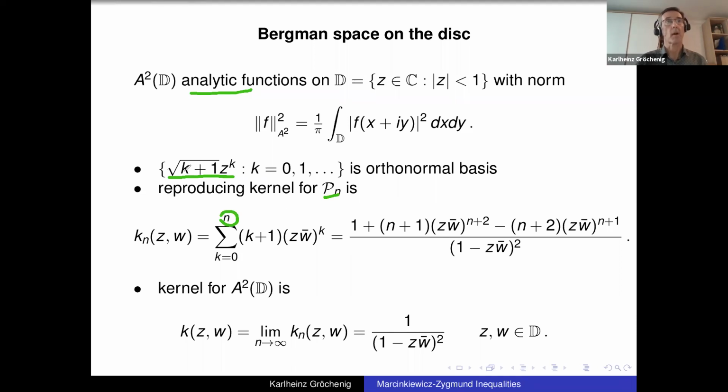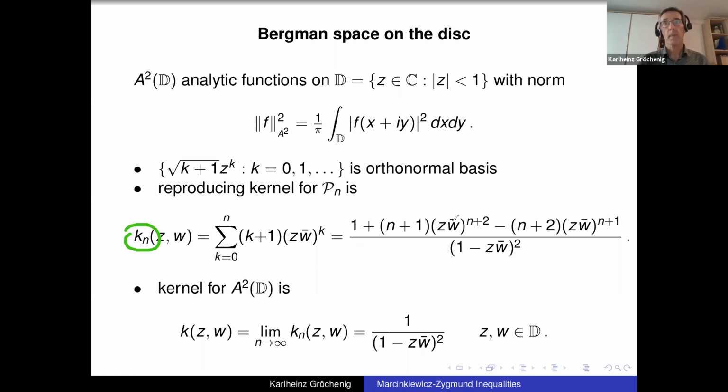So we have square root k plus 1 z to the k times square root k plus 1 w bar to the k. So here you get the formula for the reproducing kernel. And if you do the algebra, you find some expression for the intrinsic reproducing kernel. That's the reproducing kernel just for polynomials of degree n with respect to the norm of Bergman space.